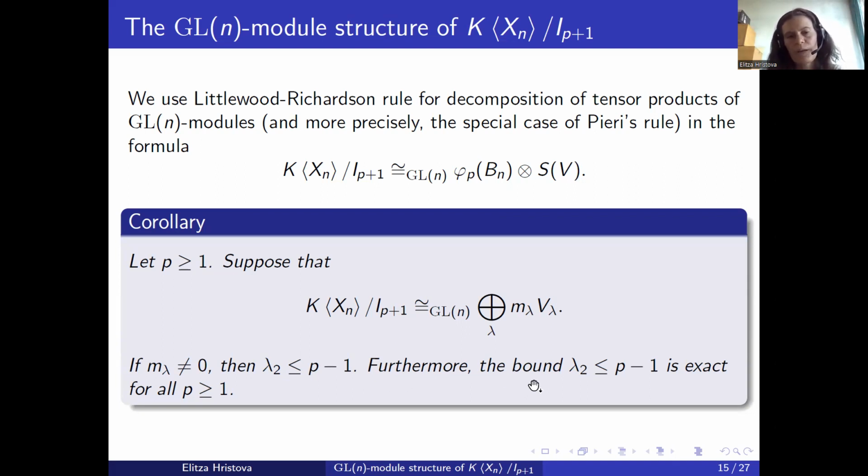And furthermore, as in the previous statement, this bound is exact, meaning that there is always a partition which appears with non-zero multiplicity, and lambda 2 is exactly equal to p minus 1.